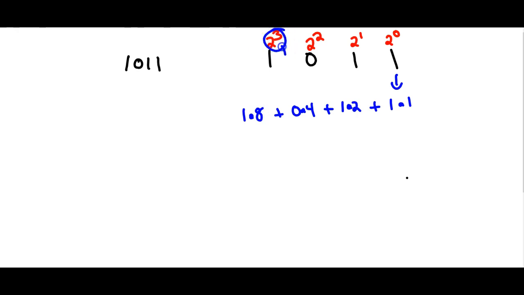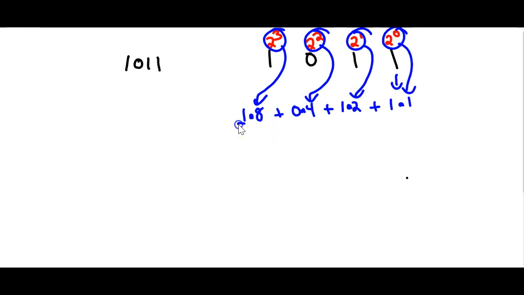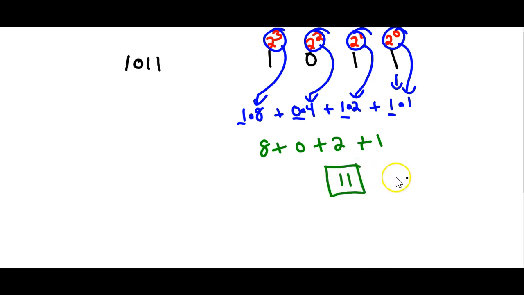So these went right here, like this. And then I've got my normal number 1011. That's where those come from. So multiply these out. 1 times 8 is 8, plus 0, plus 2, plus 1. And so adding that up, I get 11. So it's 11 in decimal, or base 10.